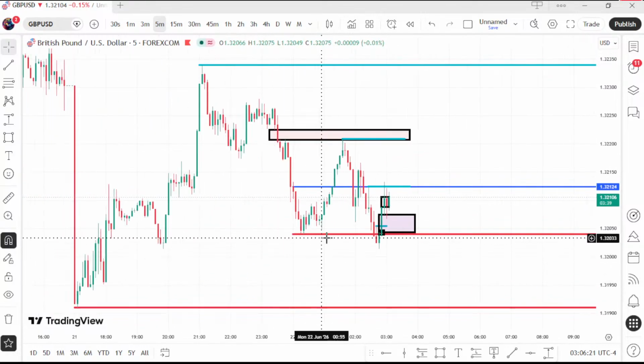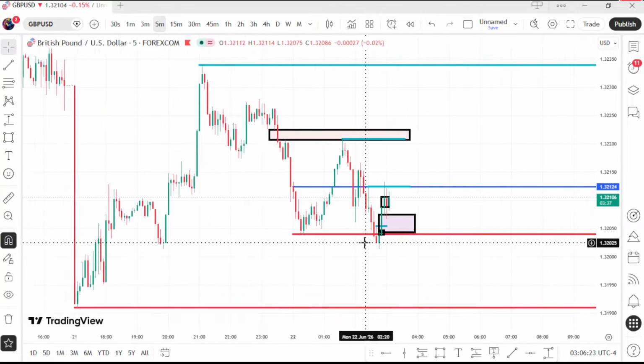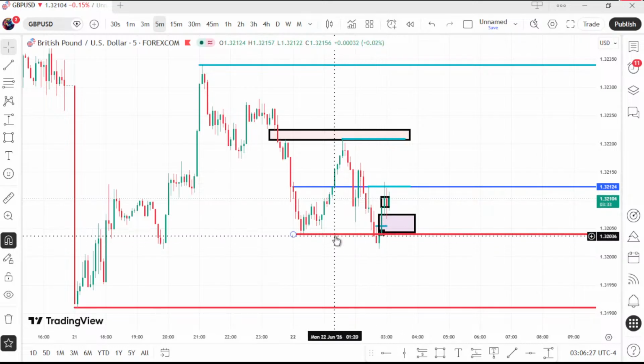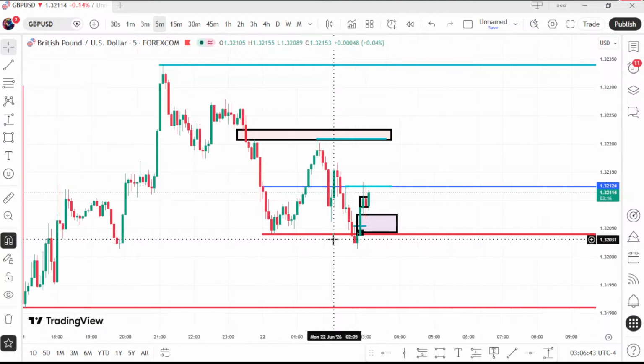So during at 2, and what does our trade plan say? After a liquidity sweep and a market structure shift in the 1 or 5 minute time frame with a fair value gap in the 5, 4, 3, 2, 1 minute time frame coupled with the higher time frame PDRA.